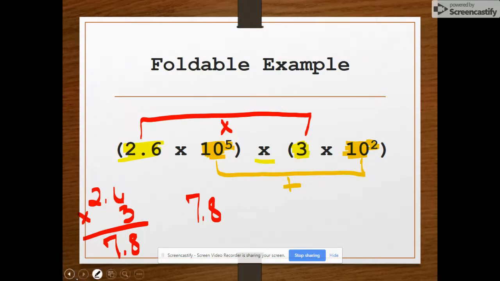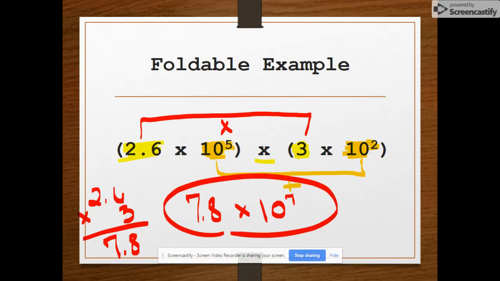Since we are writing this number in scientific notation, we are going to keep our base of 10, and then we just add those exponents. 5 plus 2 gives me 7. So I end up with a final answer of 7.8 times 10 to the 7th power.